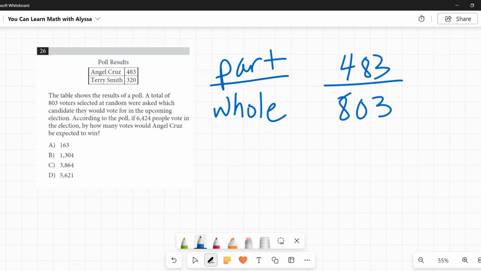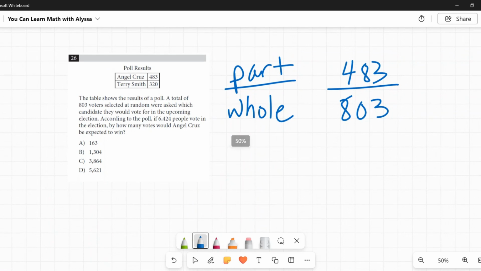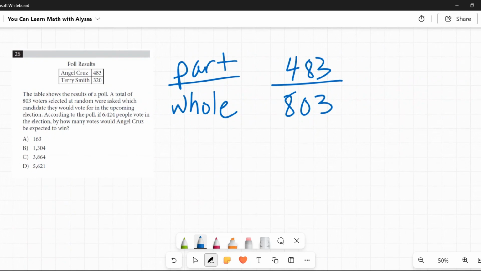Now, if I want to know how many votes Angel Cruz could be expected to get, I'm going to use the 6,424 people voting as the bigger whole, and figure out how many of those votes would go to Angel.